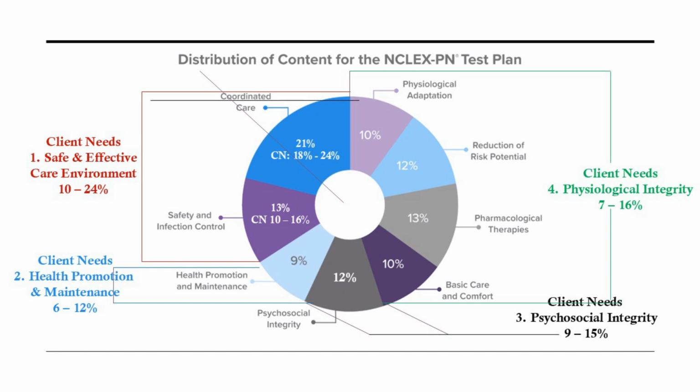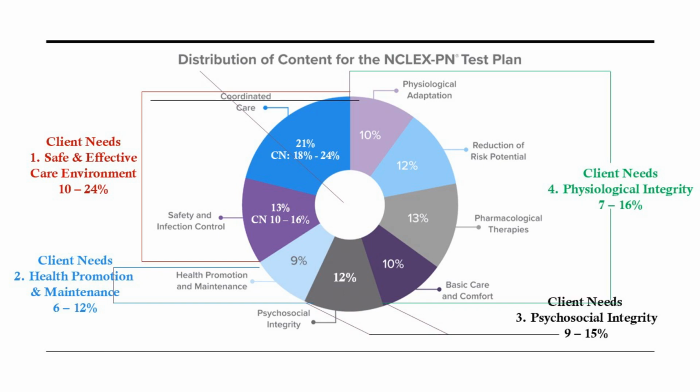Now, obviously, one thing that causes those changes, that physiological integrity or adaptation, is medication. Now, there's no way you can know all the medications in every single category, and you know what? There's really no way you can understand all of the suffixes and prefixes and all that good stuff.